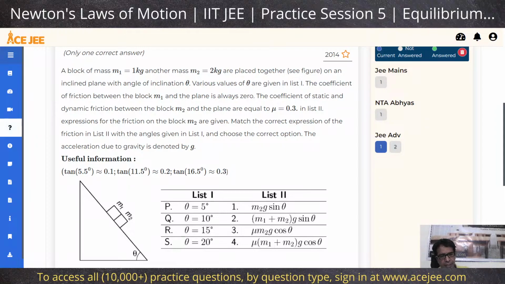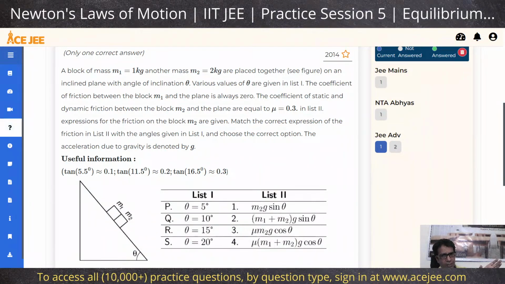Mu is 0.3. M2 is 2, so that's 0.6 into g, which is 10, so that's 6 into cos theta. So 6 cos theta is the maximum. And when would the maximum kick in? When it's about to slip.